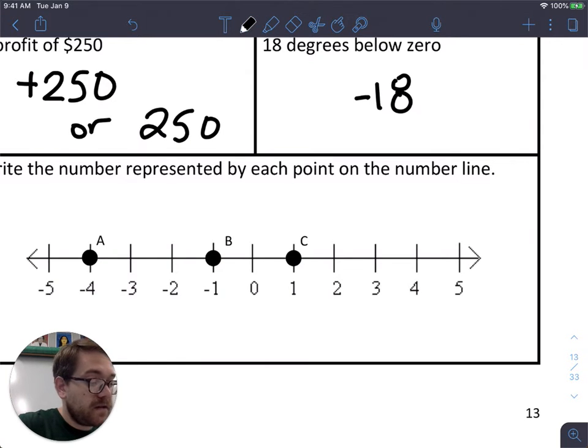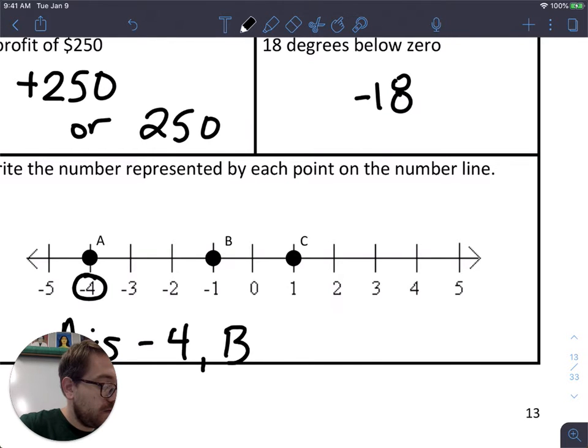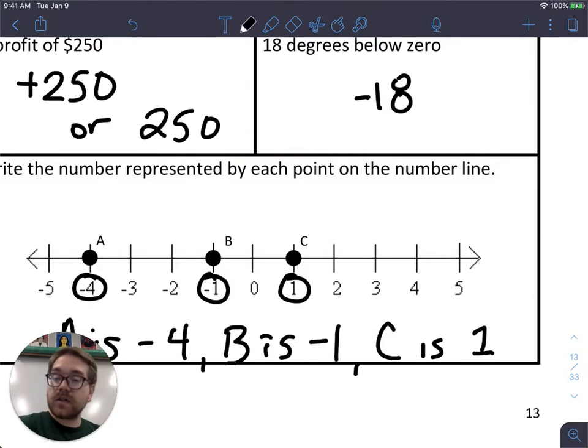Well, we can see on the number line that A is -4. A is -4 right there. And B is -1 right there. And C is +1 right there. That's just making sure we can read a number line and understand how to write those numbers.